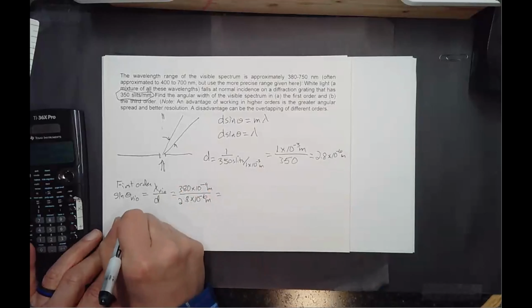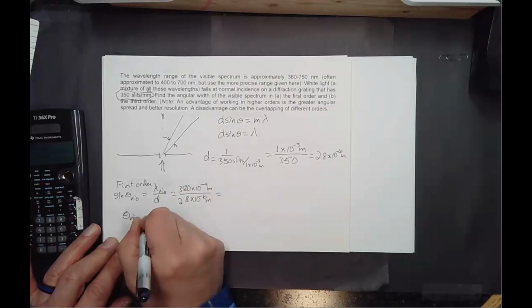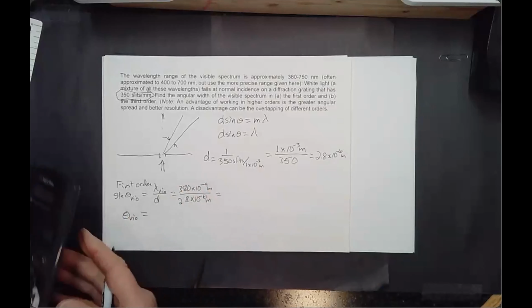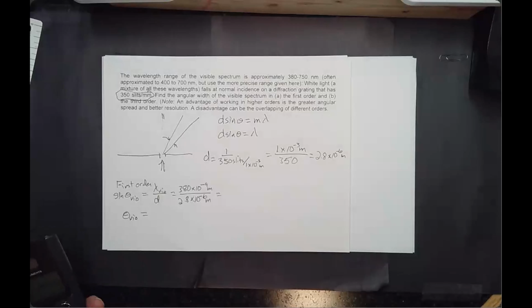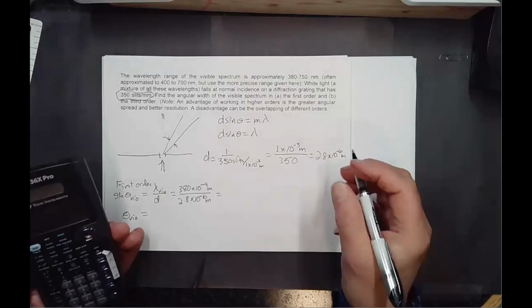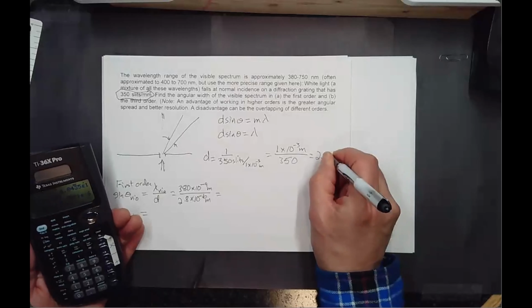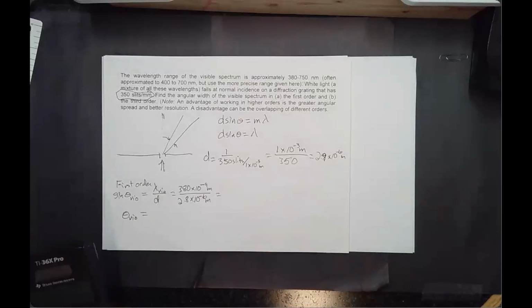I'll figure this out in degrees just for the heck of it. Actually, this is about 2.9. Should be 2.9 times 10 to the minus sixth.